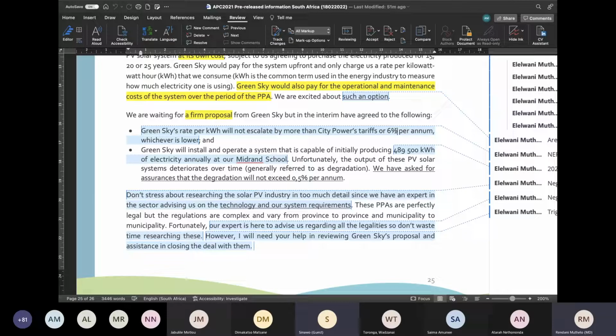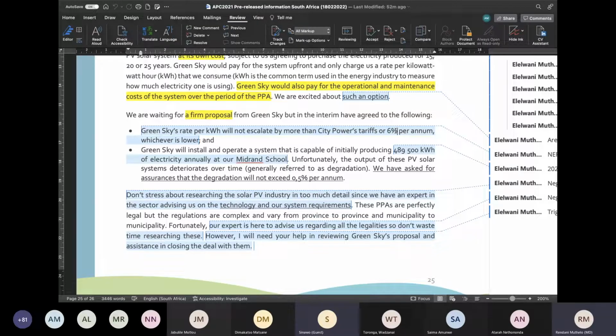But the proposal from Green Sky is saying that if they're going to increase our rates, they are not going to increase by more than the lower of 6% or whatever City Power's rate is going to increase by. So if Green Sky comes and says that your rate next year is going to grow by 8%, you will then say, no, hold on.